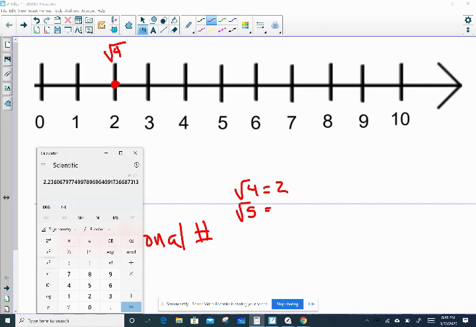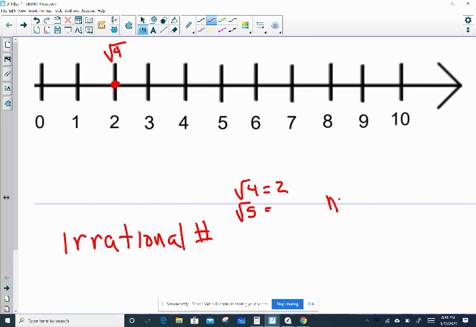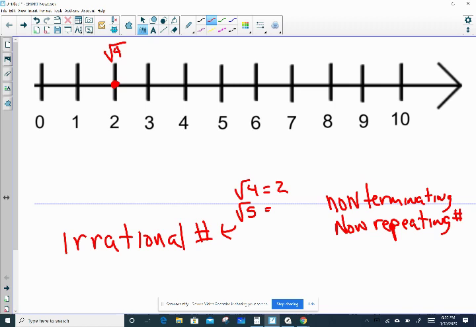Whenever I take the square root and get all of those crazy numbers, this means that it's a non-terminating, non-repeating number, and it's an irrational number. So if it looks like this, 2.23, on and on and on, those 3 dots mean it goes on forever and never repeats. That means it's an irrational number.